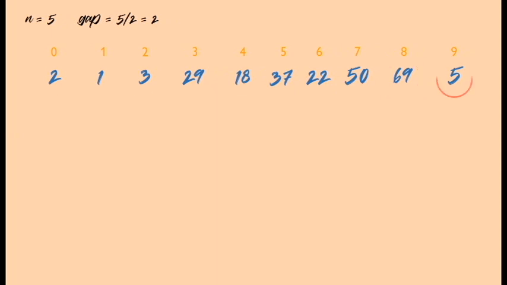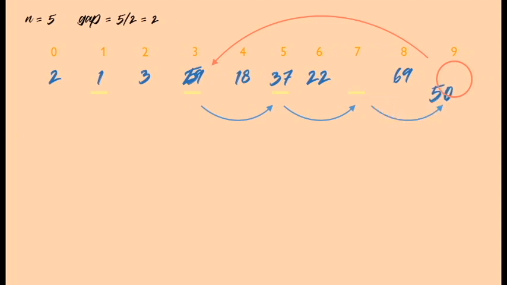Lastly, 5 is less than 50. We have to repeat the same process of checking the numbers before 50. 5 takes number 29's place, 50 will then take 5's original place, and so on and so forth.